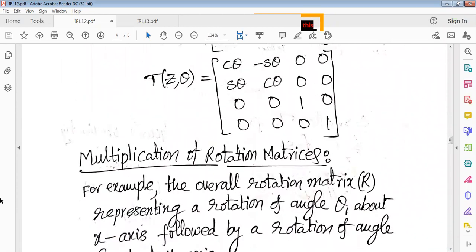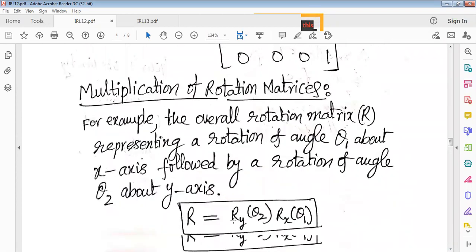Next, multiplication of rotation matrices. Suppose in one case, the frame 2 is rotated 2 times, say about one axis by some angle, and about another axis by another angle.